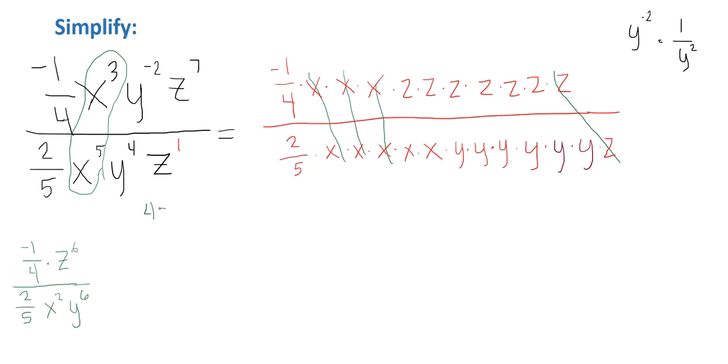So 4 minus negative 2, which is the same as 4 plus 2, and that's 6. And we have y to the 6th on the bottom. And for the z's, we have more on the top, so 7 minus 1 leaves z to the 6th power on the top.